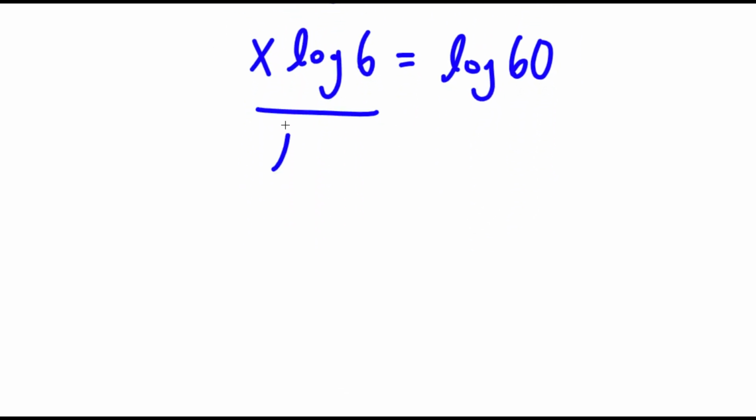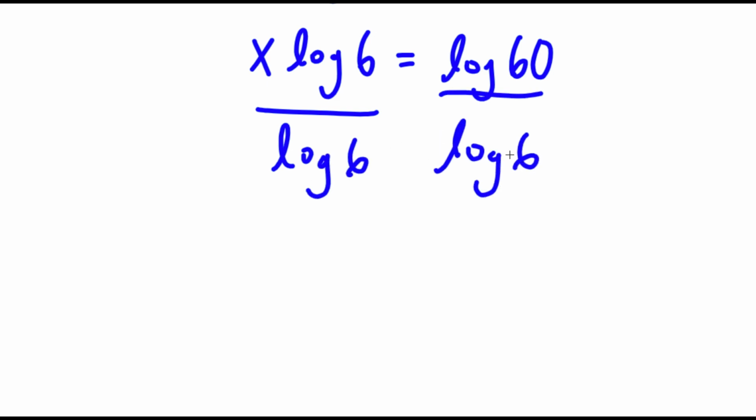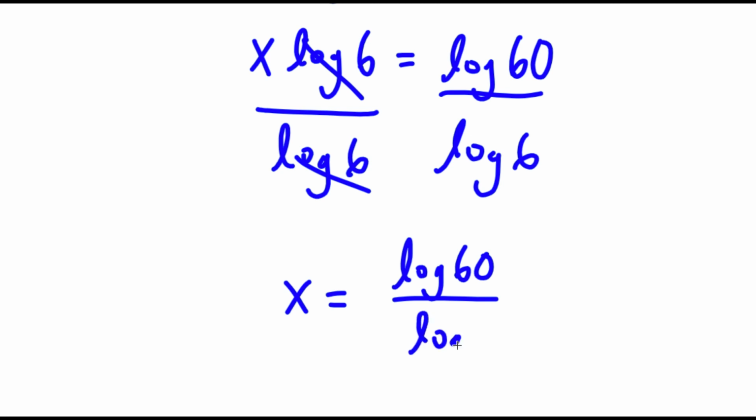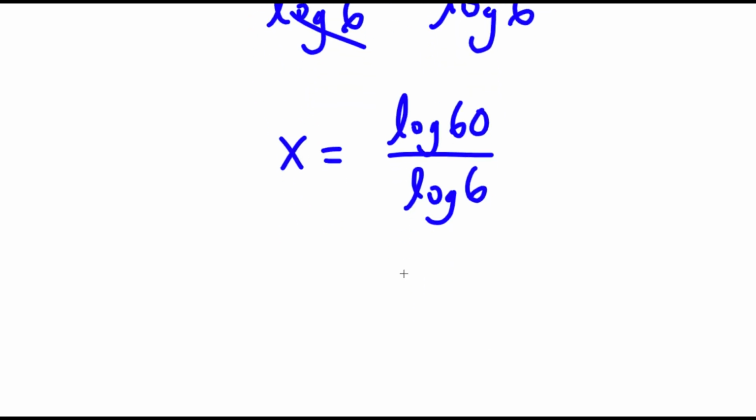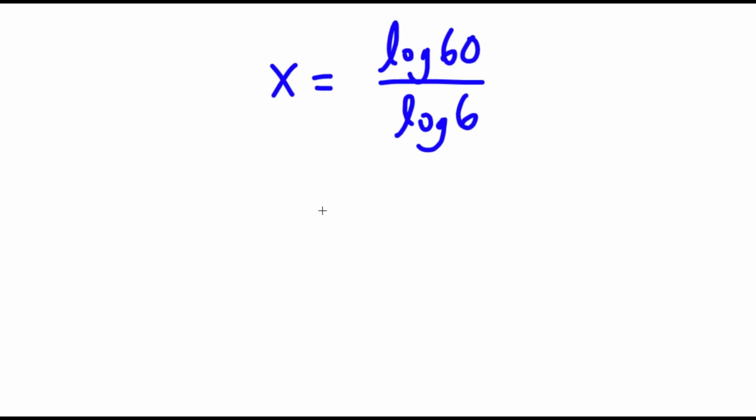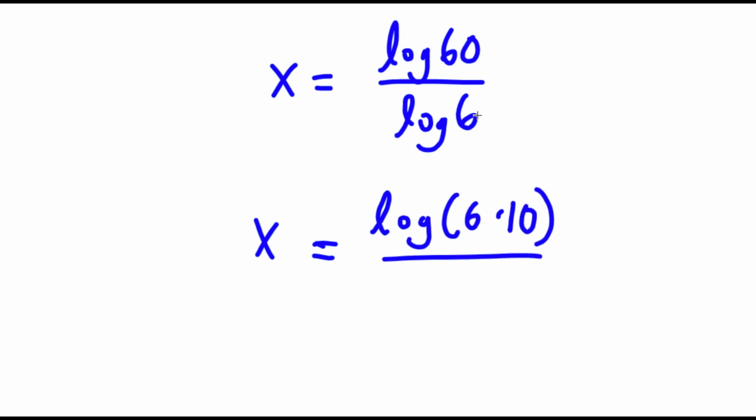Now I'm going to divide both sides by log 6. So then these two cancel out, and now I have x is equal to log 60 over log 6. Now log 60, I'm going to rewrite as log 6 times 10. Now I have this over log 6.